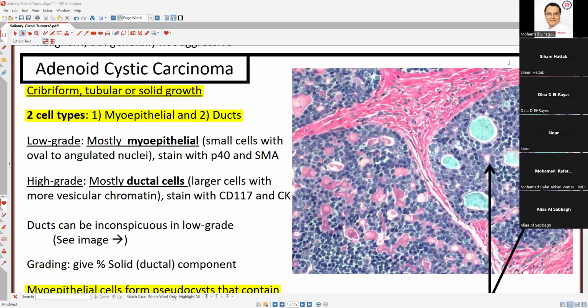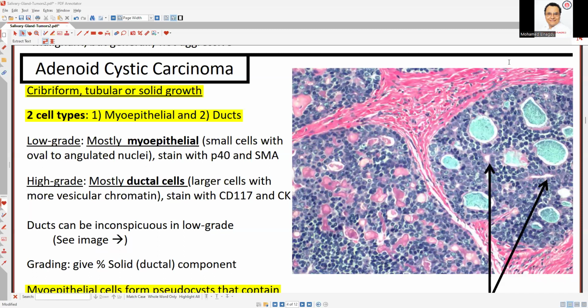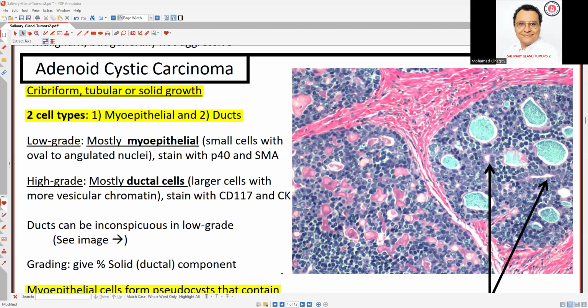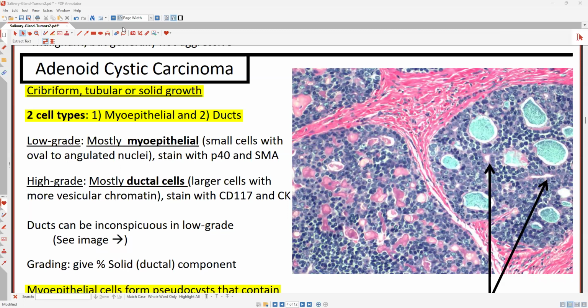Whether you see oncocytic cells or oncocytes, that's the first pattern that you will see. The second pattern is basaloid, which is blue cells, and that's what we started and didn't finish in the previous lecture. So let's start where we left off last time.